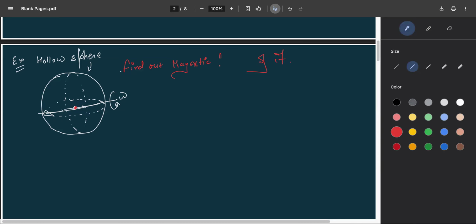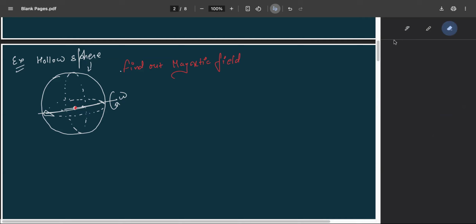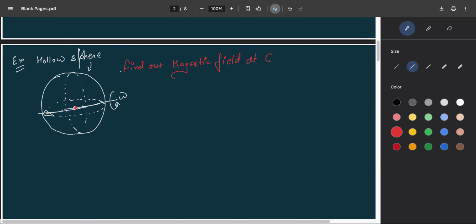Here I'm asking magnetic field. Just think of it how you are going to calculate magnetic field over here.